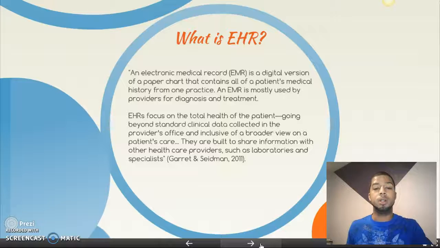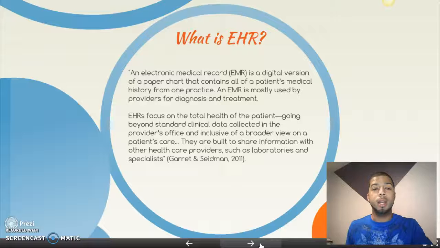And the EHR is going to take that and expand upon it to encompass the other records that may come from a specialist or from laboratories or radiology results, and it provides a more broad picture of what's going on in the patient's treatment across time.